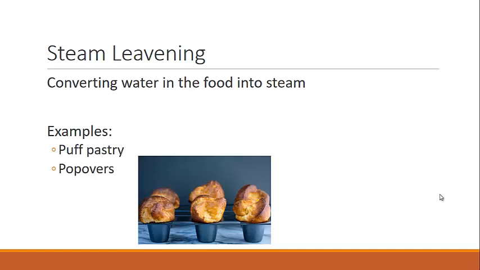But popovers are a baked good that uses the steam within the product to really pop up and over the edge of the muffin tin, which is why they're called popovers. Check out a recipe sometime.